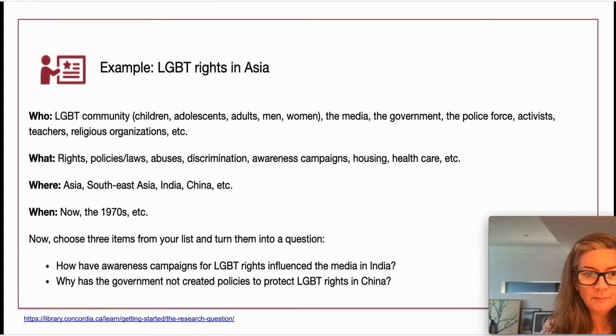So here's an example. The website this is from is a university site. It's a fantastic page. This person is interested in LGBTQ rights in Asia, and you can see they've just made a list of all the different ways that this topic can be viewed in these different areas.